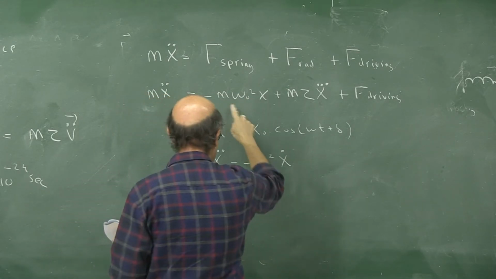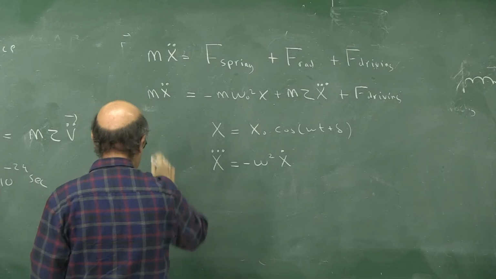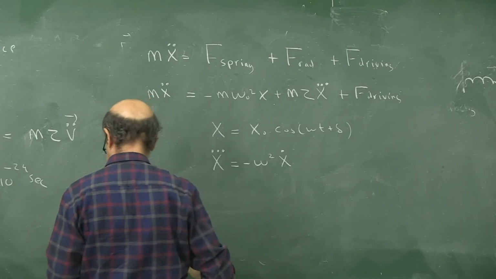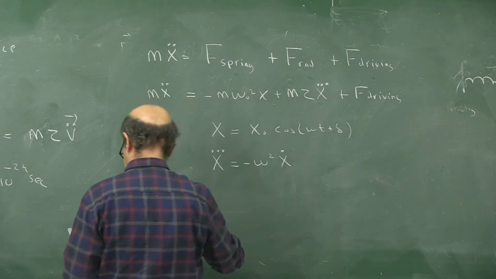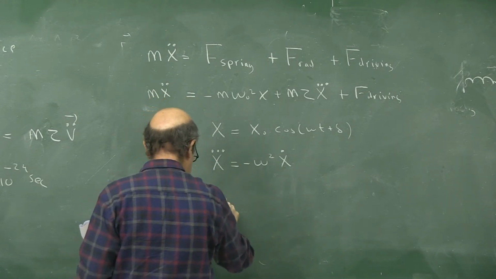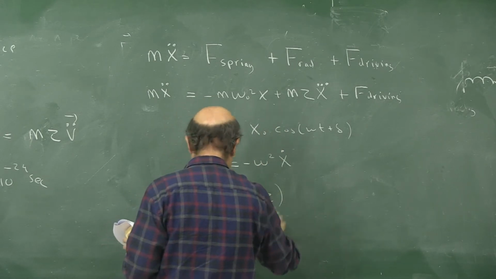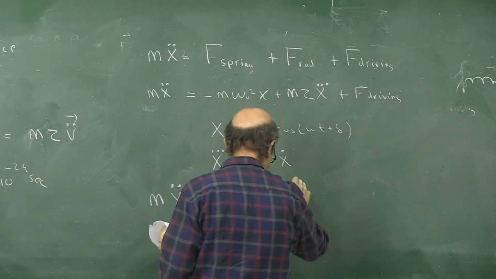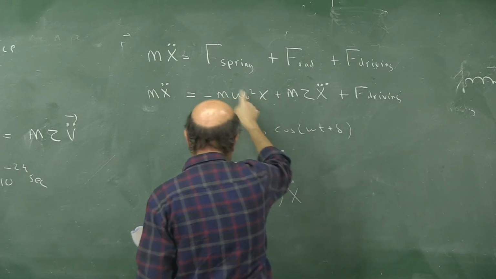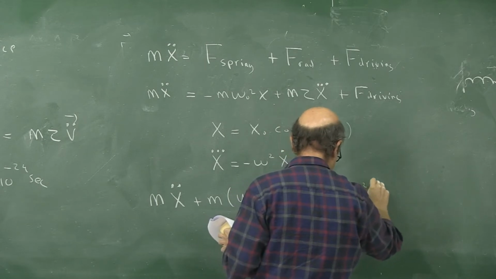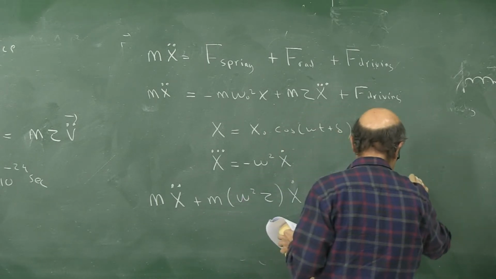Take everything to the left, and you will get m x double dot, plus mass times omega square tau x dot, and what else? Take this to the left, plus m omega 0 square x equals F driving.